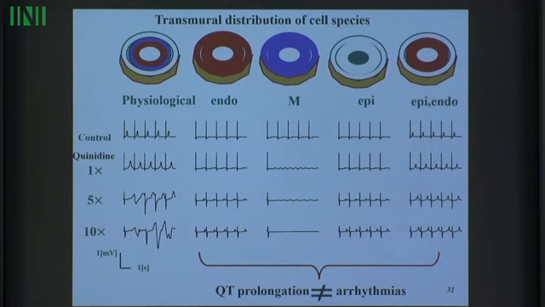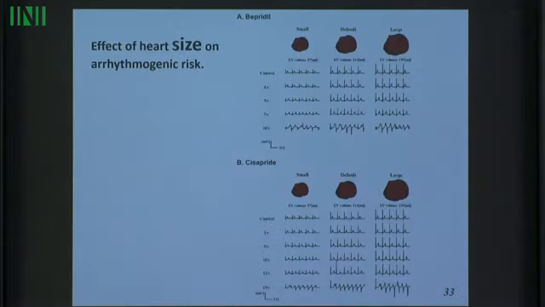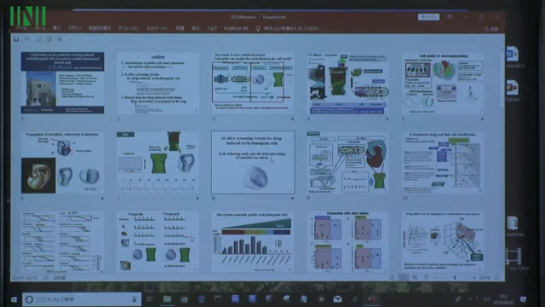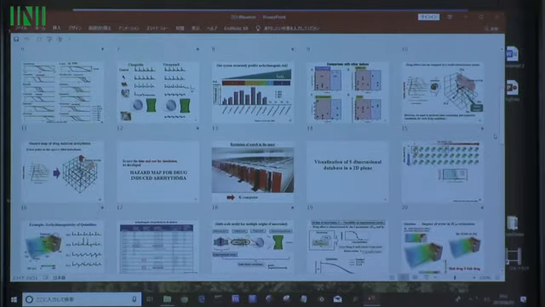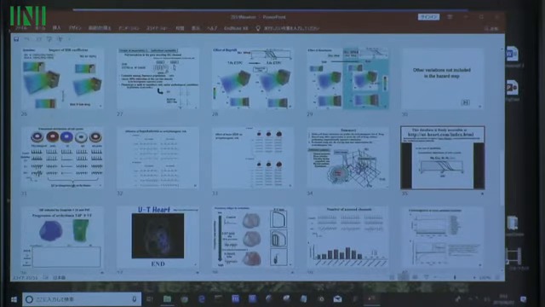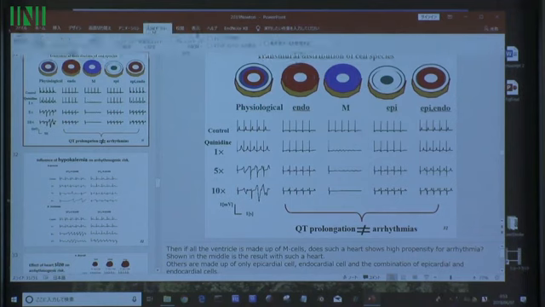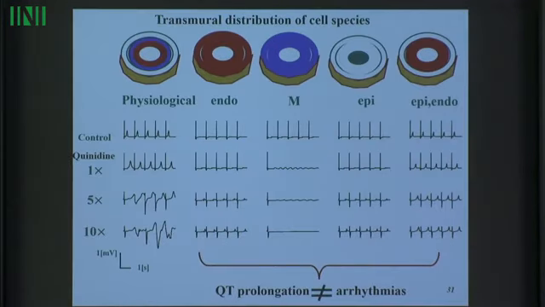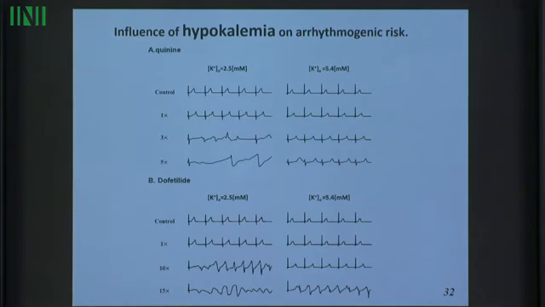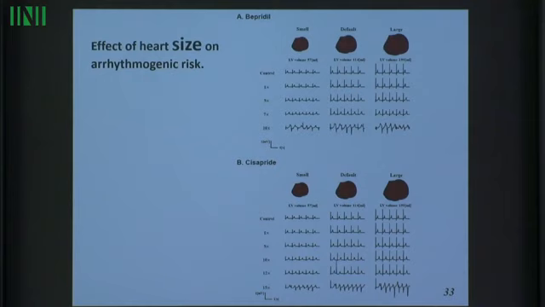I know that there are many unknowns in a complex system. One is how those three species of cells are arranged transmurally, and another is pathological conditions and the size of the heart.